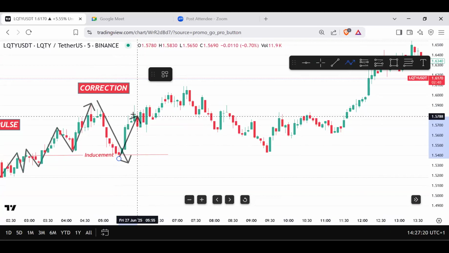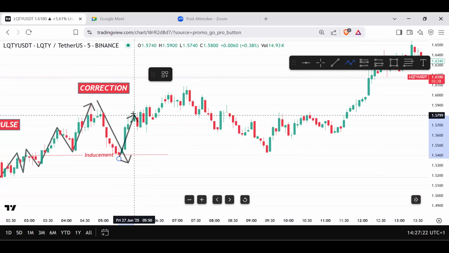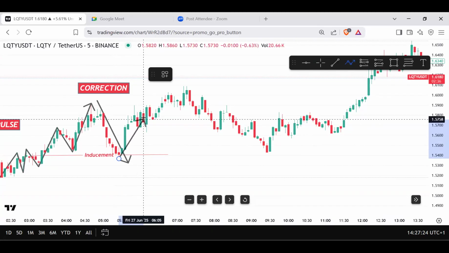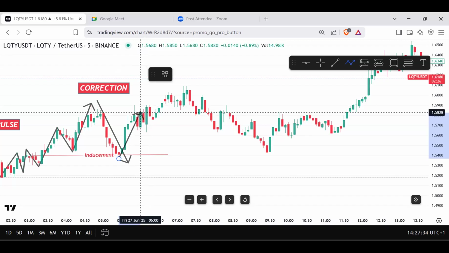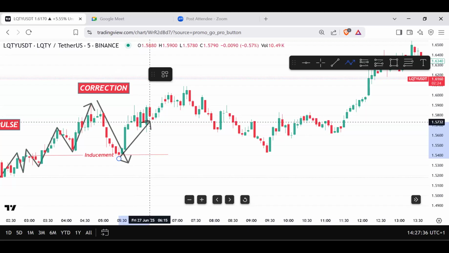We go higher. This is 5.9. This is an equal high, the highest.